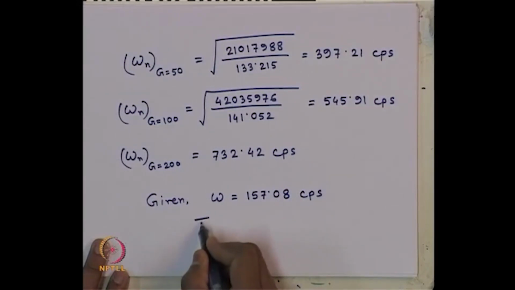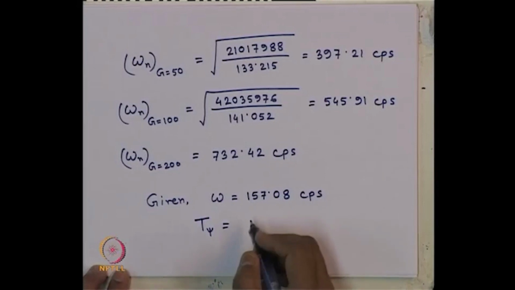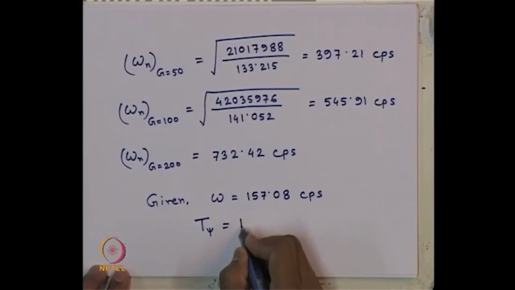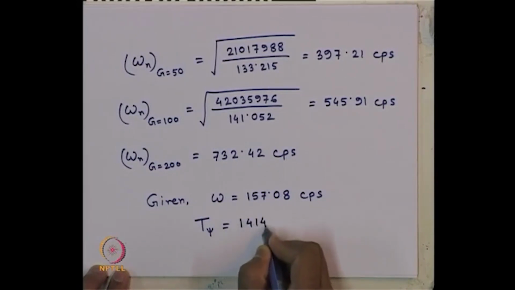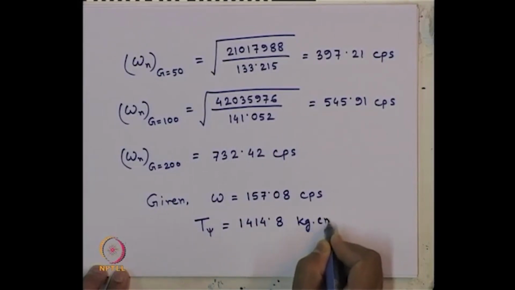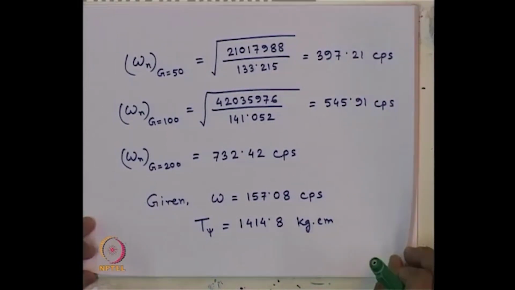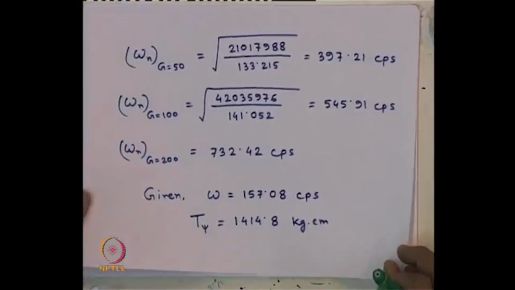And another value given is T psi, the amplitude of the applied moment, which is 1414.8 kg force centimeter. Okay. So, using these values, now we can calculate the displacement amplitude at the operating frequency. And what is the expression for that?